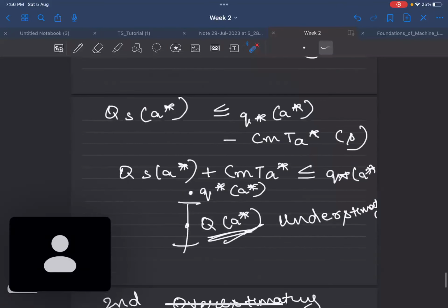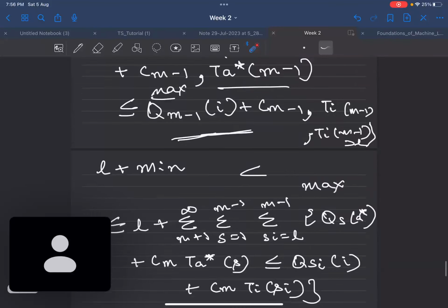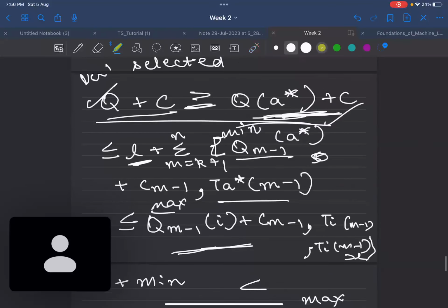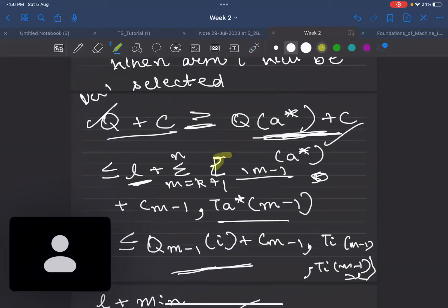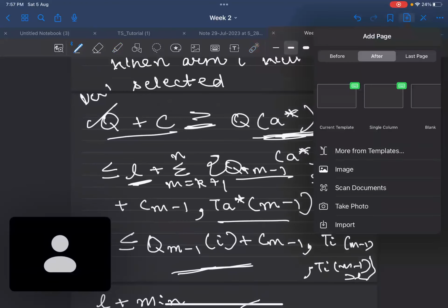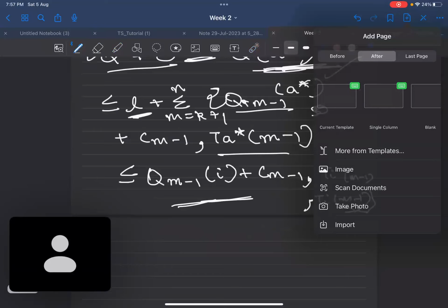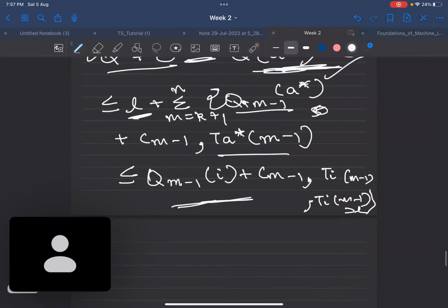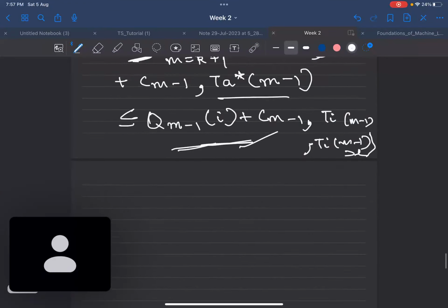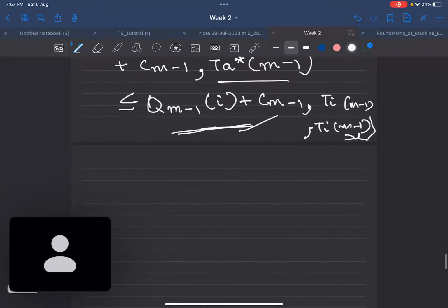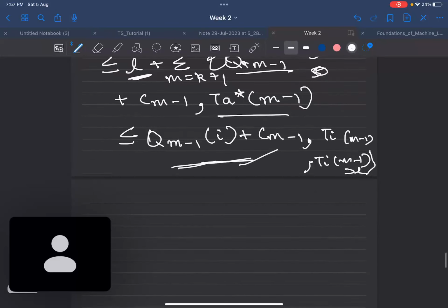Okay, so this is basically till this point. You got it? Yes, ma'am. You're right. Actually, I shouldn't have written M, because the summation problem is getting.